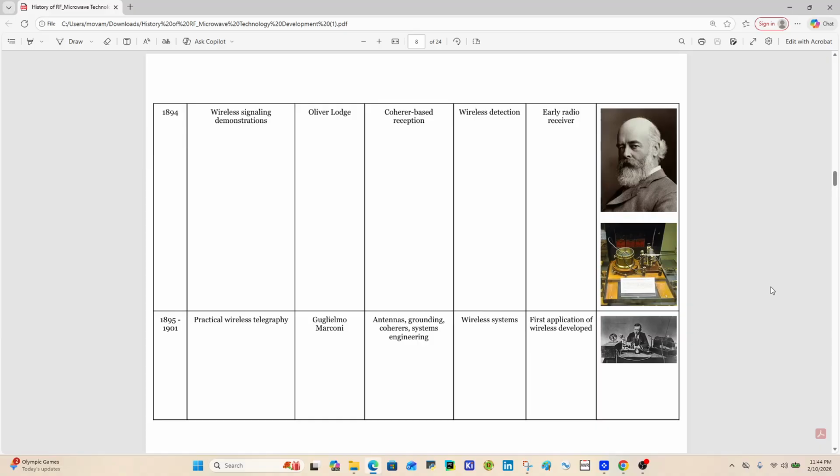Next, in 1894 we have Oliver Lodge. So you can see the slow accumulation, slow evolution of electromagnetic theory and engineering. With Oliver Lodge, you see that he basically uses Hertz's spark gap transmitter, but he uses coherers as a detector.